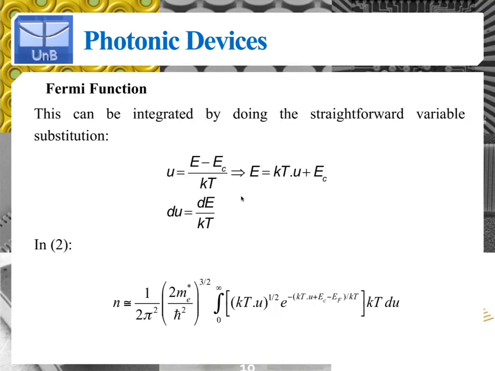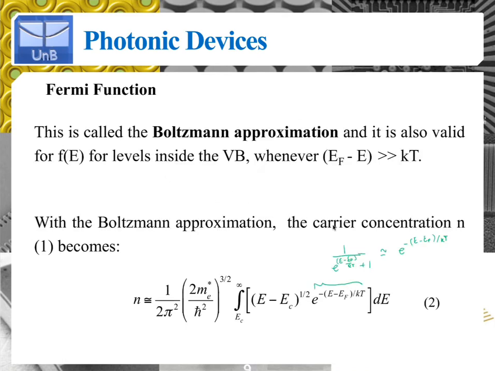The variable substitution that we can do is substitute E minus EC over KT by a new variable U. So what we're saying is that we're going to substitute E minus EC divided by KT by U. And therefore, E minus EC is going to be equal to KT times the new variable U. So this guy right here is KT times U.